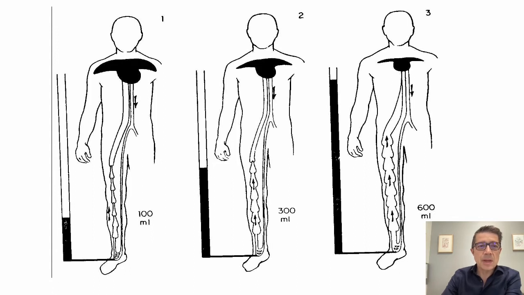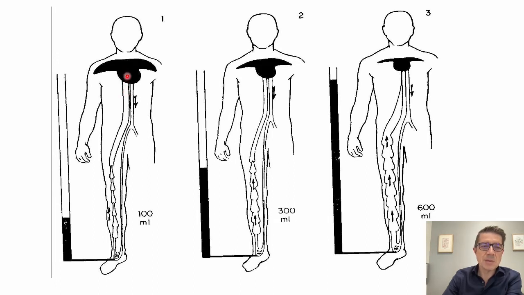In a very simplified manner, it shows that the arterial blood goes through this line. Let me use my laser pointer. The arterial blood goes down here, gets filtered, and then it returns through the veins, and it makes it back to the right-hand side of the heart, in that case through the inferior vena cava.